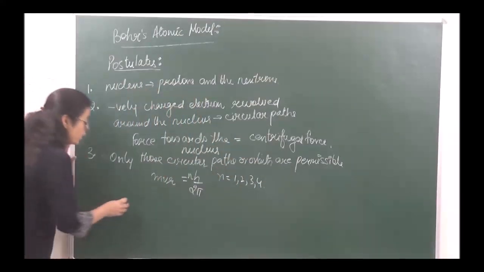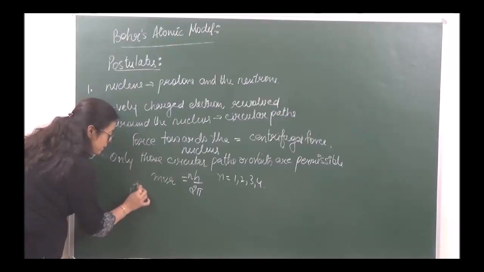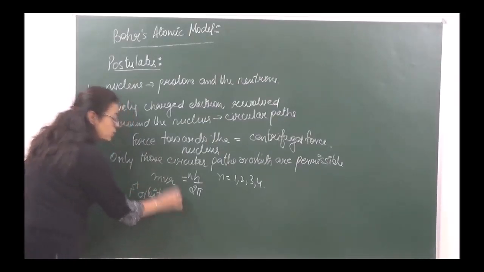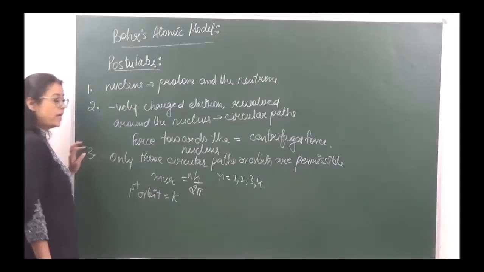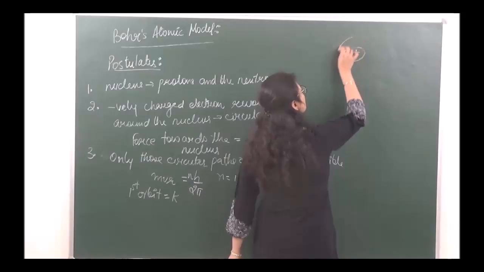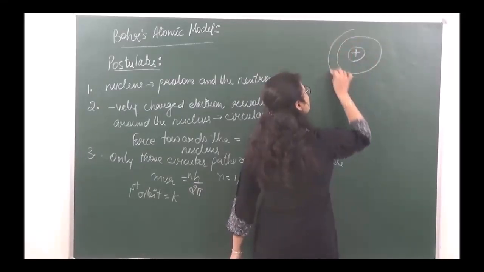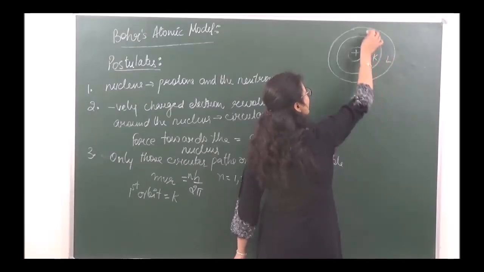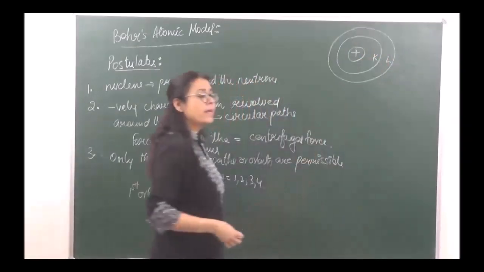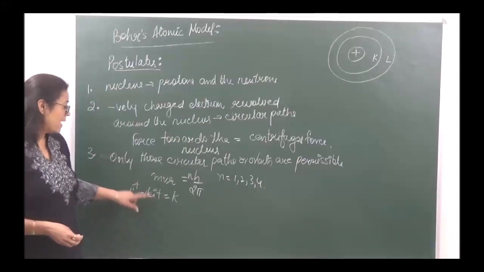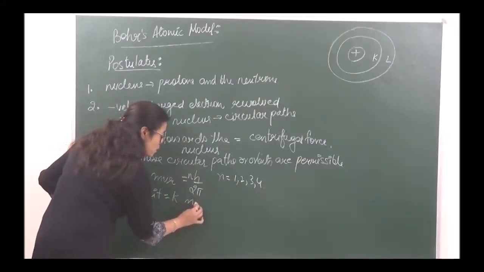So if we are talking of the first orbit, which is known as the K shell. According to Bohr, if this is the nucleus, these are the circular orbits, then this is shell K, then L, M, N and so on. When the shell is K, then the value of n is going to be equal to 1.